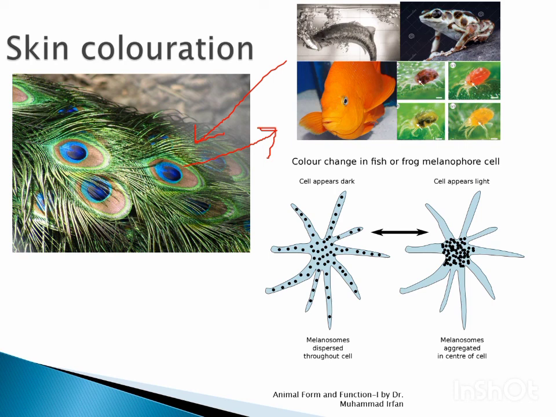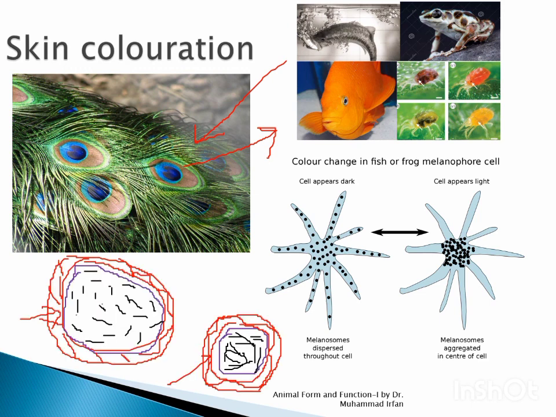on the skin. In case of chromatophores in cephalopods, that are the mollusks, the cells that contain the pigment are sac-like cells and they are surrounded by muscles. So when these muscles contract, they stretch the whole cell into a pigmented sheet.